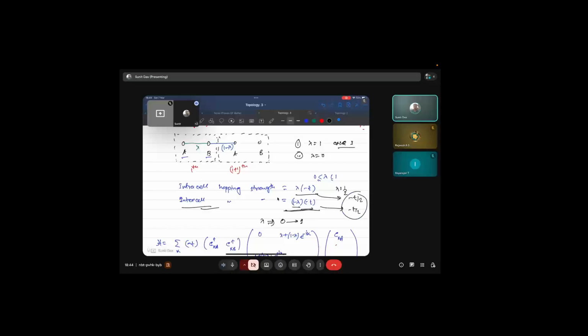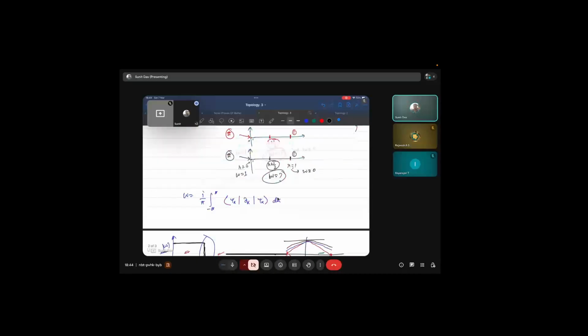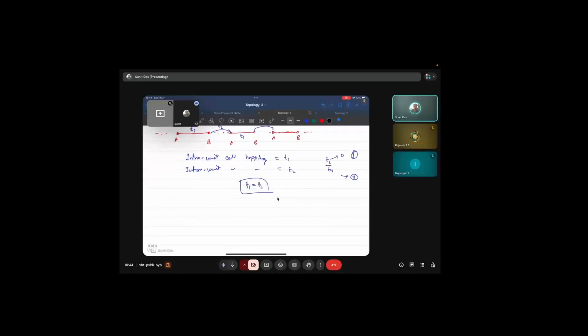So the intracell and intercell hopping become equal when lambda equal to half. This was the case we considered, and we have seen that if you calculate the winding number exactly at lambda equal to half, you will have a jump from finite winding number to zero winding number. So this we have studied so far.